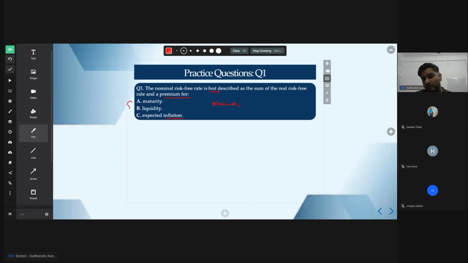Luckily, CFA only has three options, guys. That's a good thing about CFA. FRM and all have four options, so the chances of getting the right option is good. Nominal has your risk-free rate, which I told you. Sorry, the real, not the nominal one.